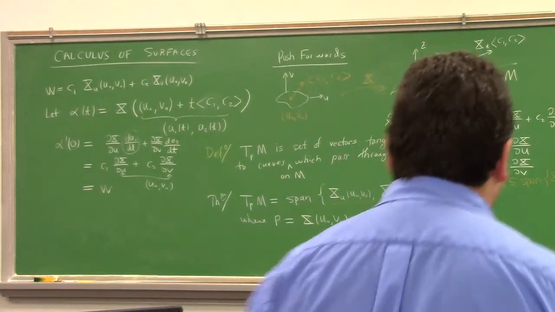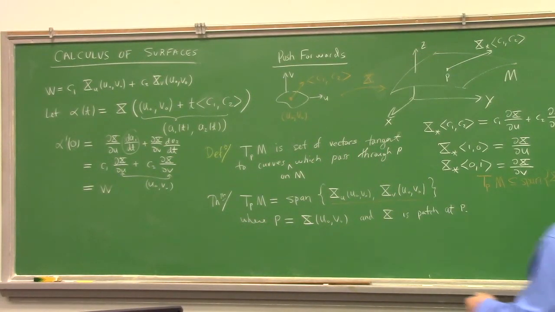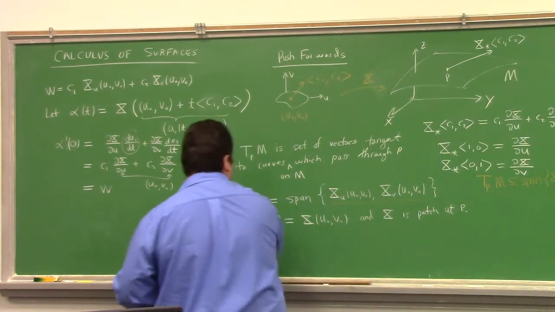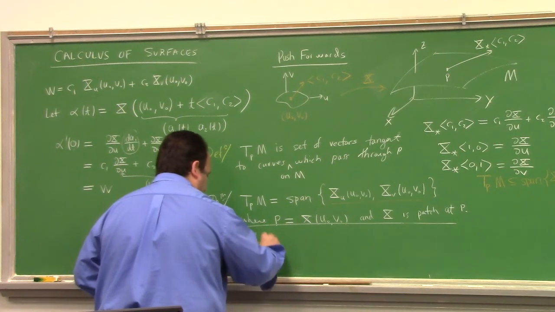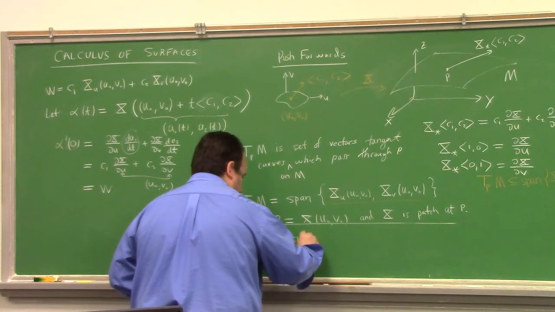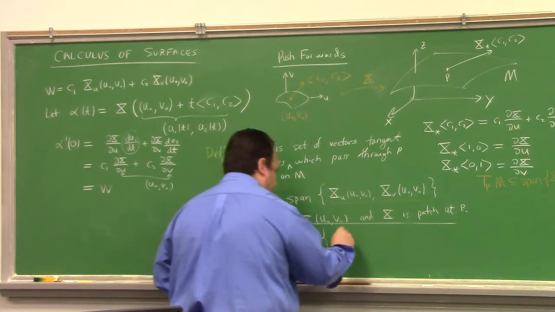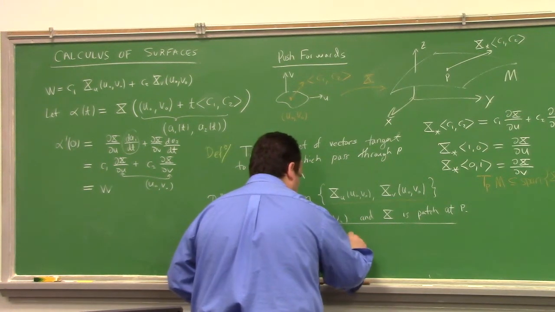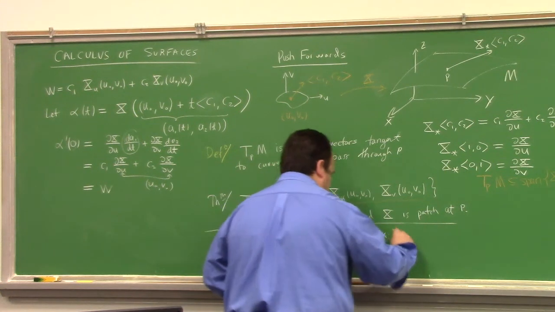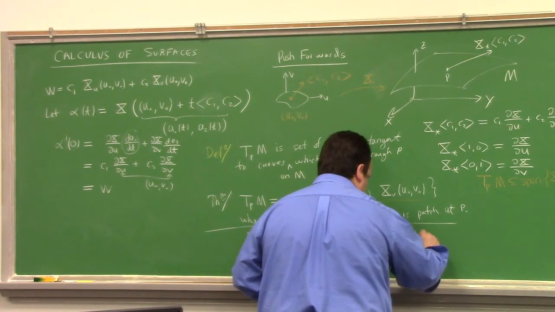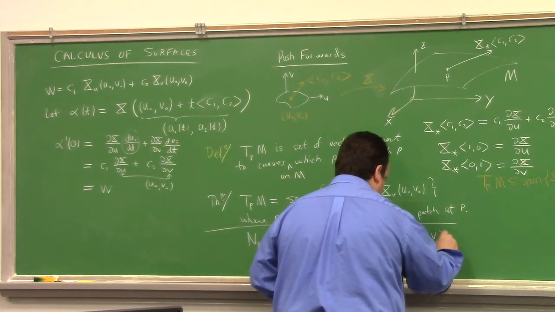So over here, we would find the normal space to P at M as the span of X_u at (u0, v0) cross X_v at (u0, v0).